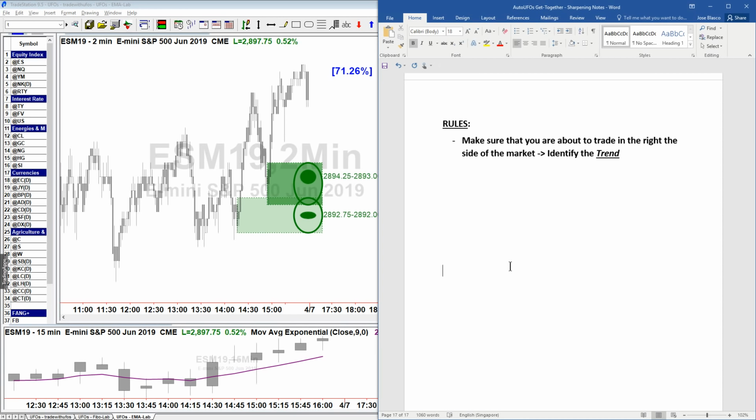Again, you are adding another element that will impact positively your probability. So could you trade against the trend? Yes, of course you could. But what is the trend in the first place? It's whatever you want to define it. It doesn't matter. What matters is trends tend to last.